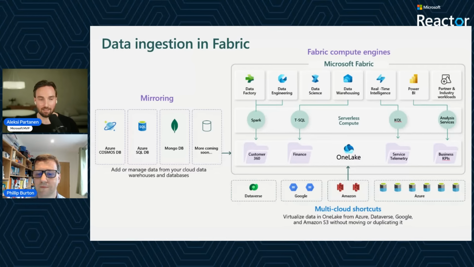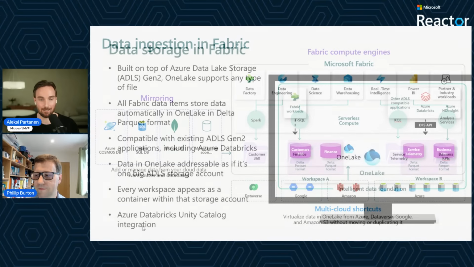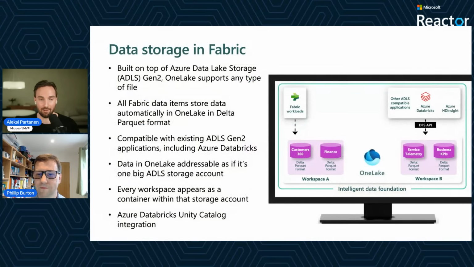And now maybe let's go to the next slide. And let's talk about data storage in Fabric. So, like I already mentioned, we have this OneLake that is sitting underneath in Fabric. And OneLake is built on top of the same data technology as Azure Data Lake Storage, or ADLS Gen 2.